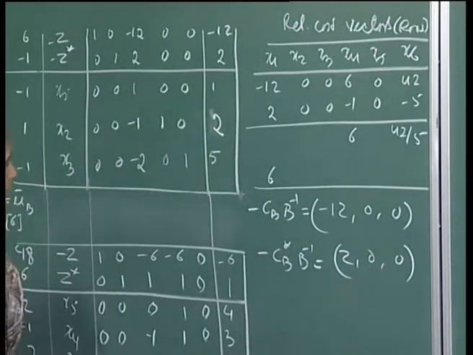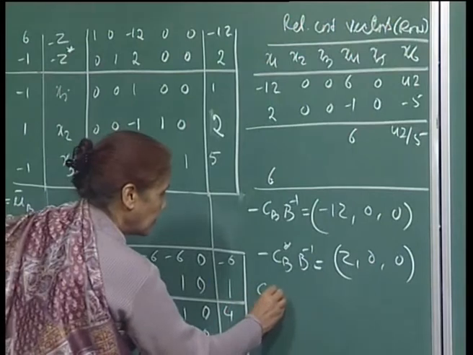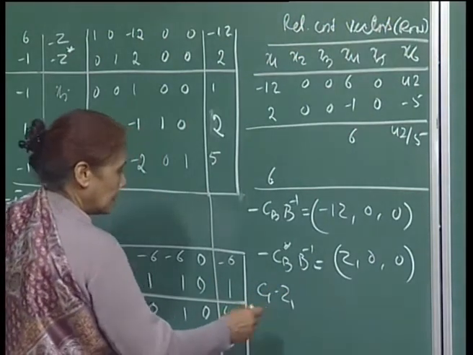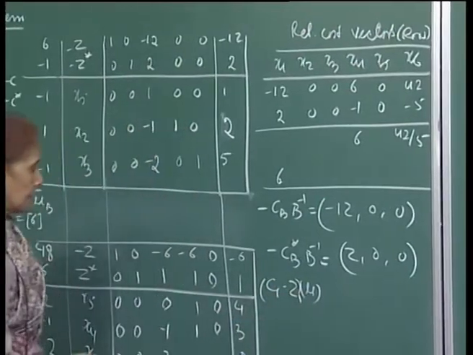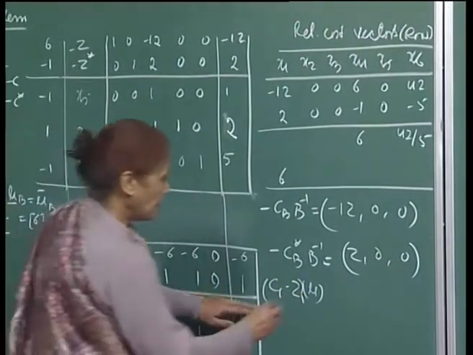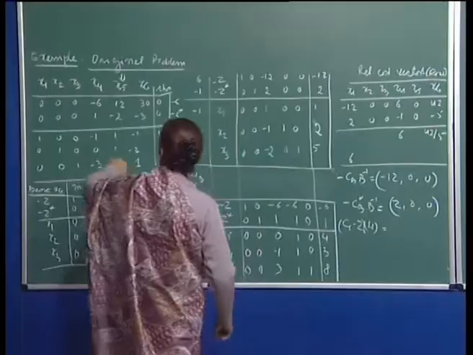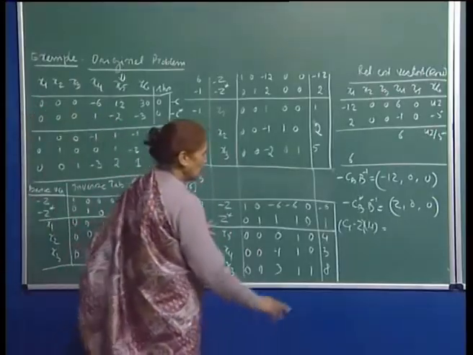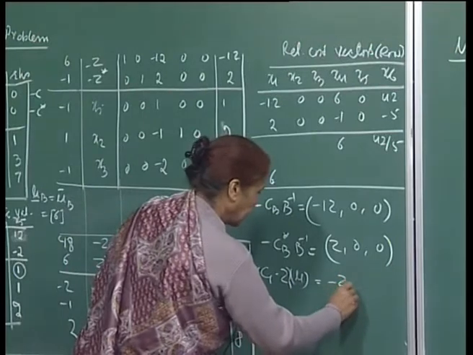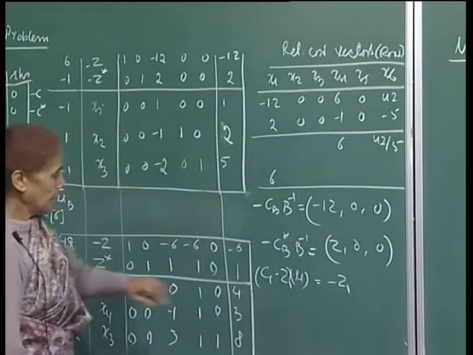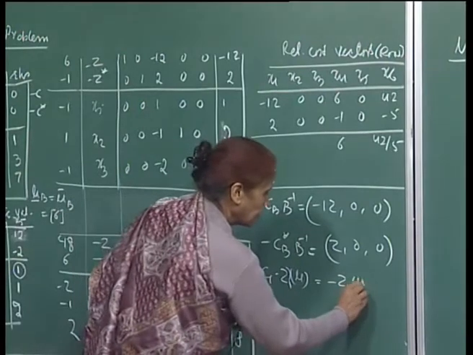So, you need to compute, for example, C1 minus Z1 mu, whatever the notation. So, this would be simply your C1. The original one I have with me, that is 0. So, I simply need minus Z1, whatever the value of mu.